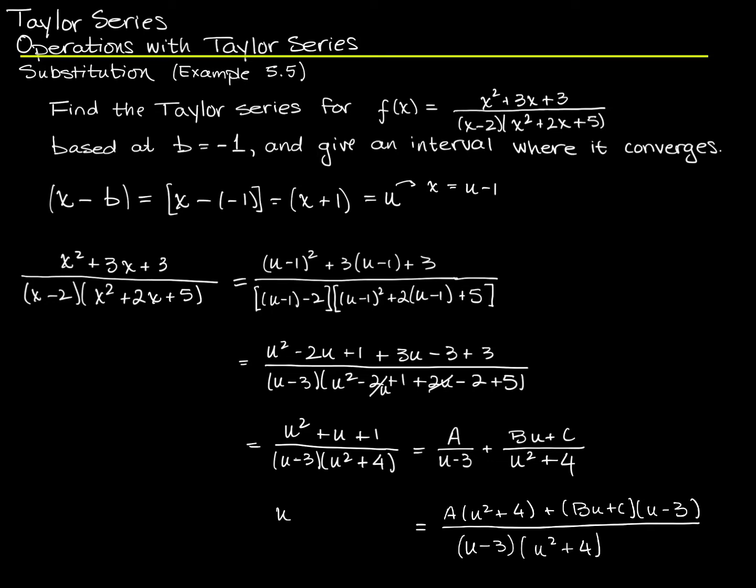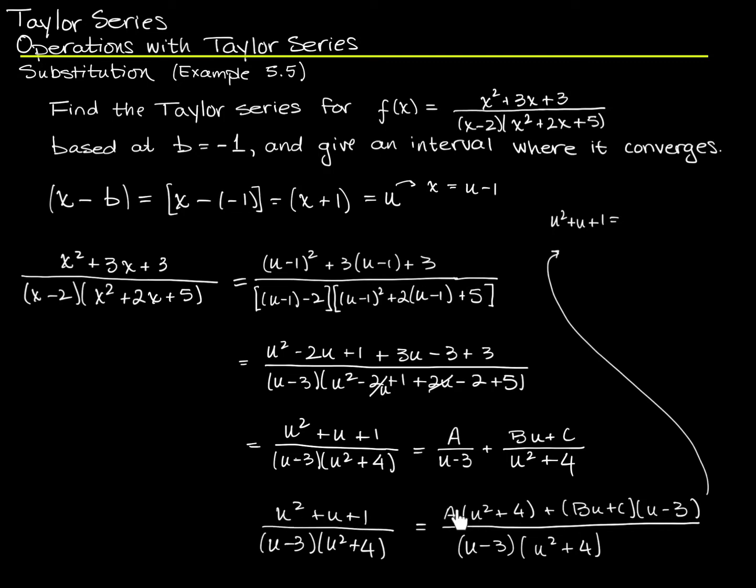But if that's equal to u squared plus u plus 1 over the same denominator, then it must be true that u squared plus u plus 1 is equal to the numerators. The denominators are equal now, right? So the numerators must also be equal.